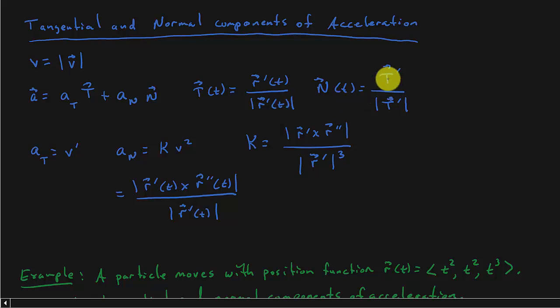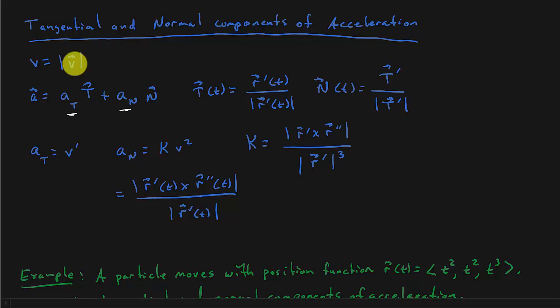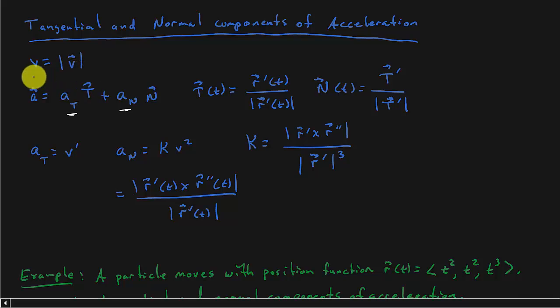N of t is T prime divided by the magnitude of T prime. A sub t is the derivative of v. Not the derivative of vector v, but the derivative of the magnitude of vector v.